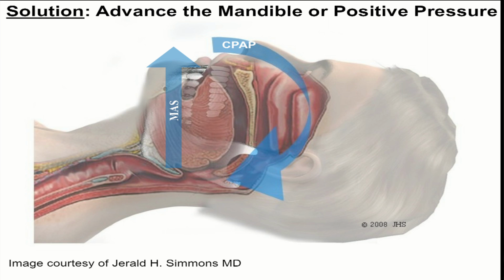There are new alternatives coming up, hypoglossal nerve stimulators, myofunctional therapy, different things that are emerging that we need to watch for, because we may need to augment them into our therapy. But these are the main 98% of treatment for sleep breathing issues: either CPAP or mandibular advancement splint.